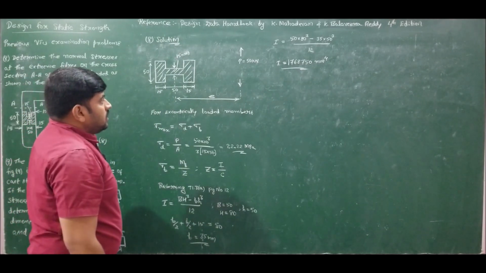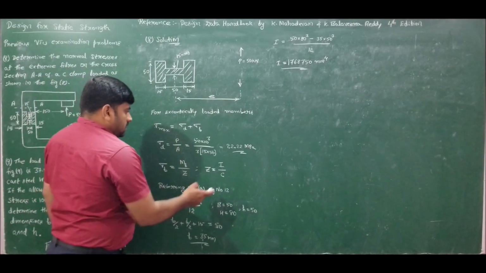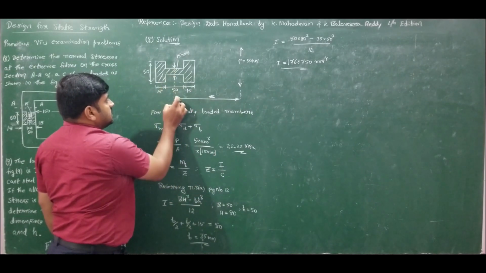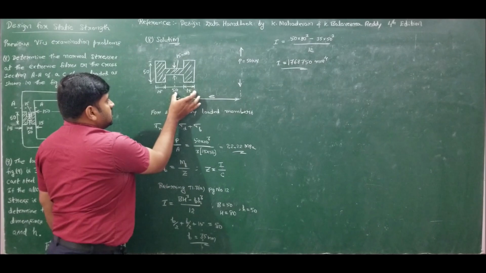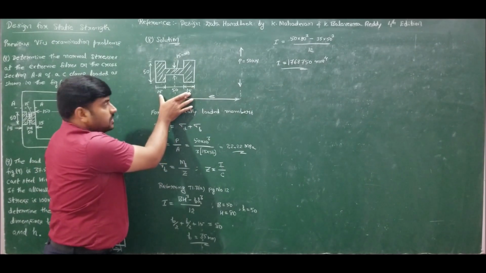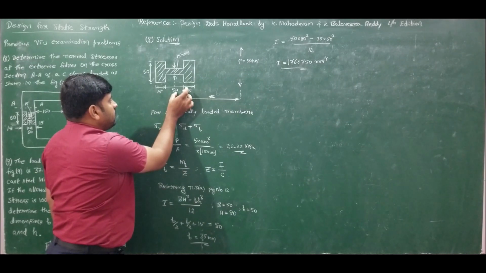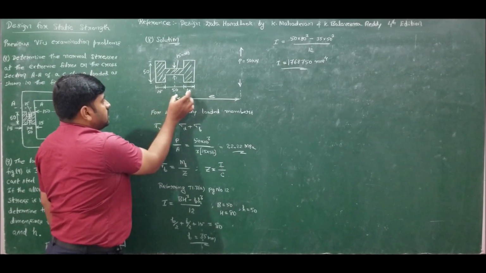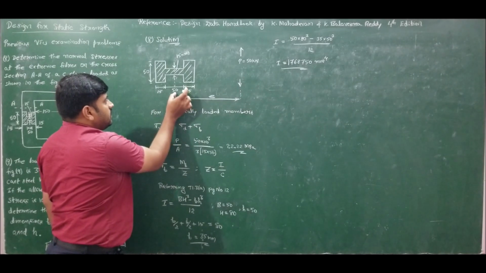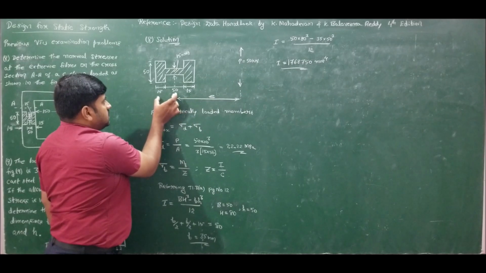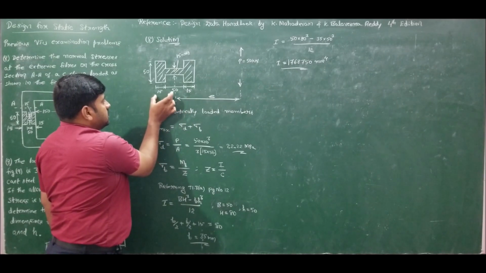Now where C is the distance of the outer fibers from the centroidal axis, since this is a symmetric sketch, this distance is nothing but half of 85. Correct? It is nothing but 25 plus 15. Here also it is 25 plus 15. The inner fiber distance from the centroid will be 25 plus 15, that is 35. Whereas here it is 25 plus 15, that is 35.